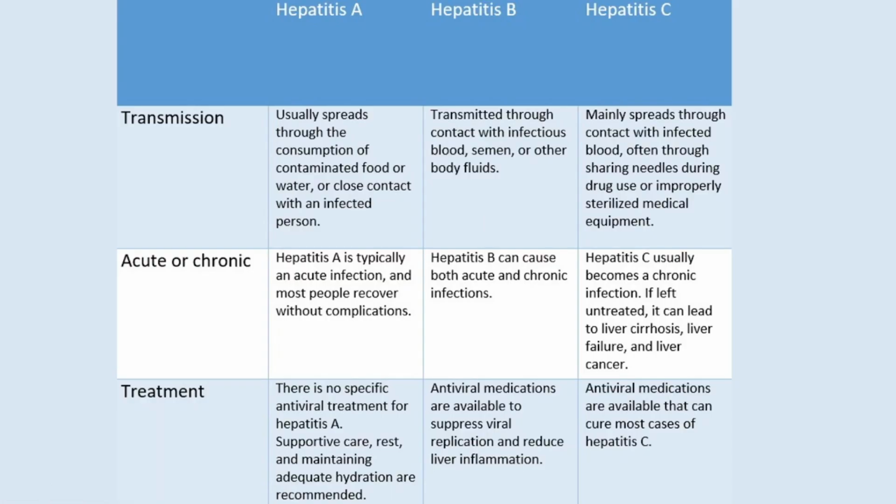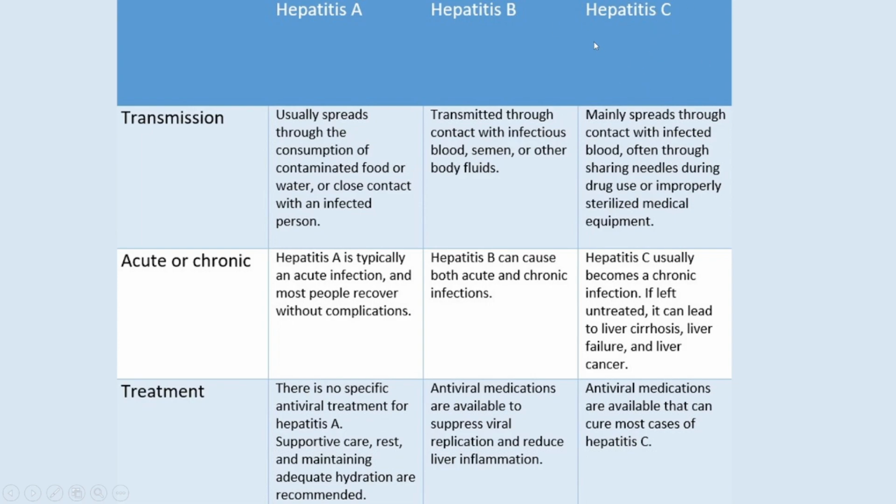After that there is the next slide, which is about the transmission. Whether the infection of hepatitis is going to be acute or chronic, and what the treatment is for the different types of hepatitis viruses. In hepatitis A, the transmission is usually spread through contaminated food or water, or close contact with an infected person, while hepatitis B is easily transmitted through blood, semen and other body fluids.